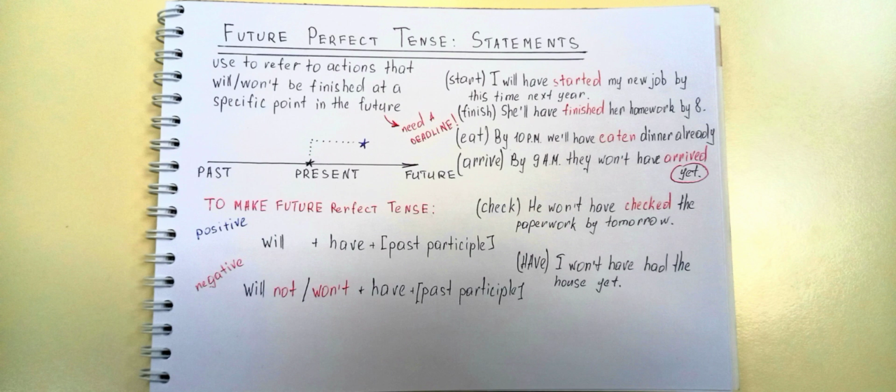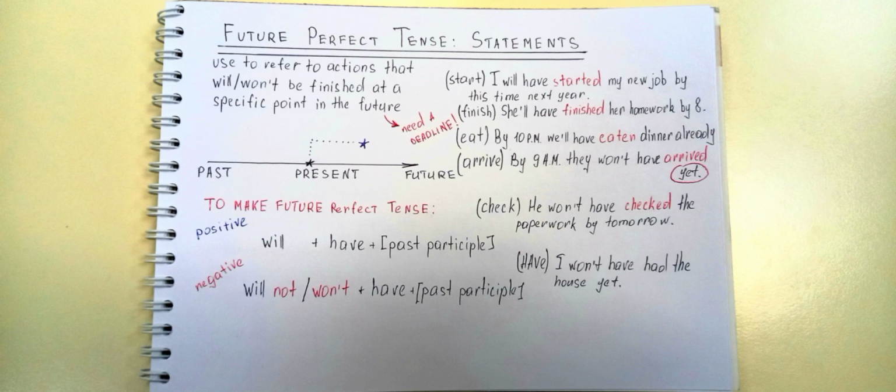Okay, let's go on to the next one. The verb here is arrive. Here we have a negative though. So I have given a very open sentence here. They won't have something yet.